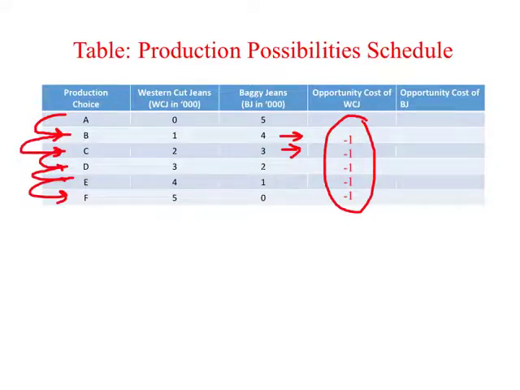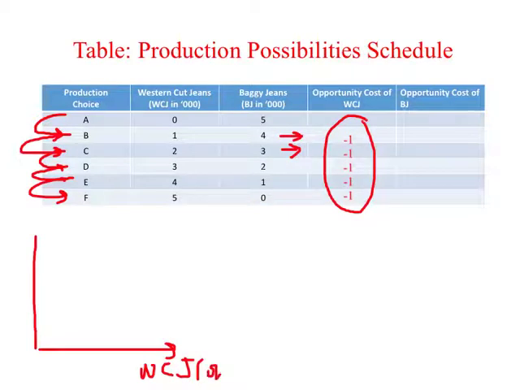Why is this -1, or why is this number fixed all throughout? Consider the following. Let me draw an informal diagram so you can see what is happening. We have Western cut jeans on the horizontal axis, in thousands, and baggy jeans on the vertical axis, and we drew a PPC.